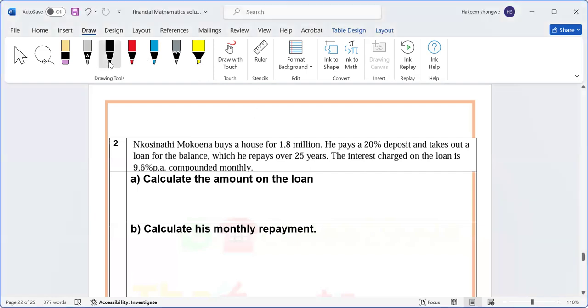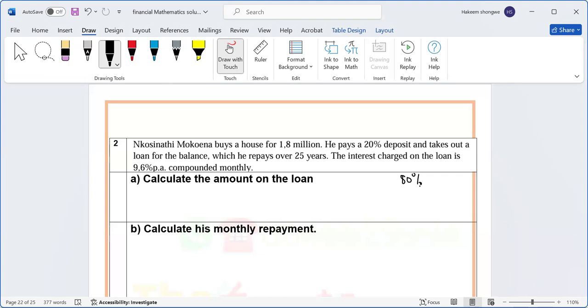If he's paying 20%, the balance is going to be 80%. So what is he going to take as a loan? It's 80%, because he's paying 20%.